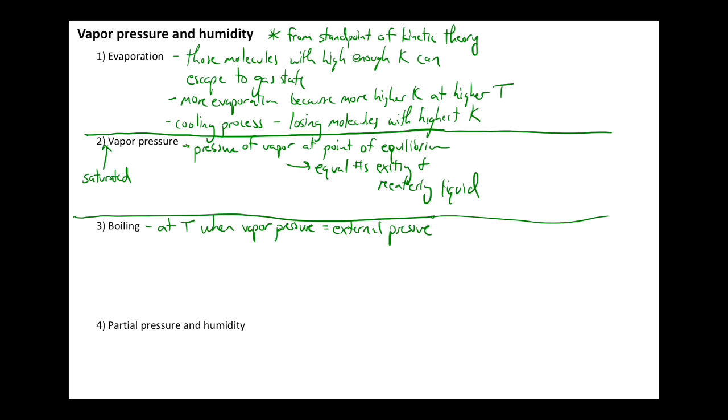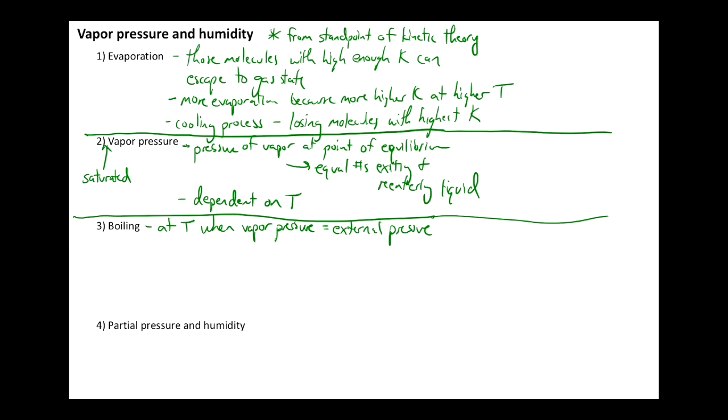I should put one more note on vapor pressure up there. Don't forget this is dependent on temperature, again because there are more molecules with higher kinetic energy as you get to higher temperature. Boiling happens at a temperature when the vapor pressure equals the external pressure.